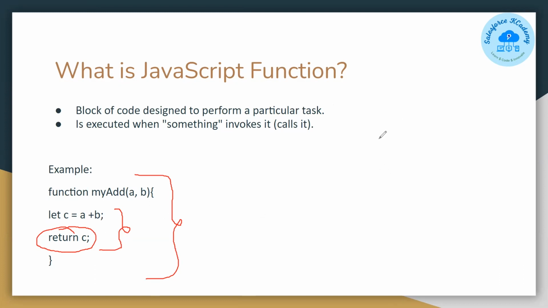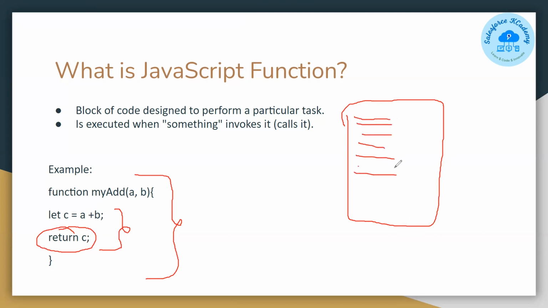If you see the pictorial representation, this is the main function or main JavaScript code. There are some hundreds of lines of code. Now somewhere in these 100 lines of code, I call my add.